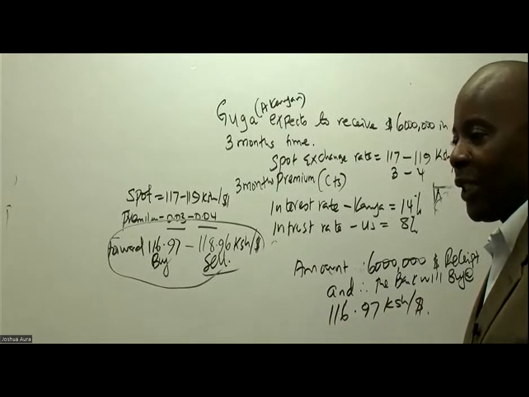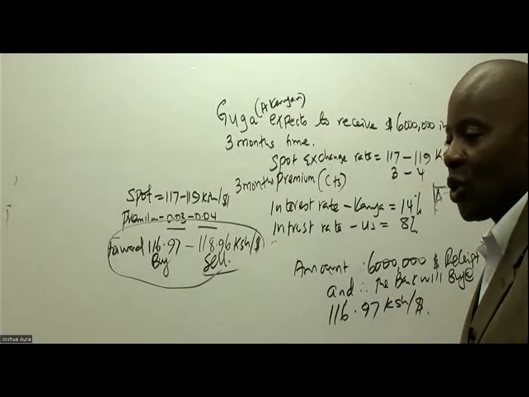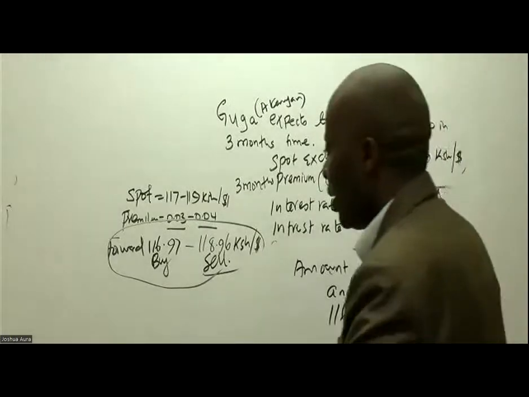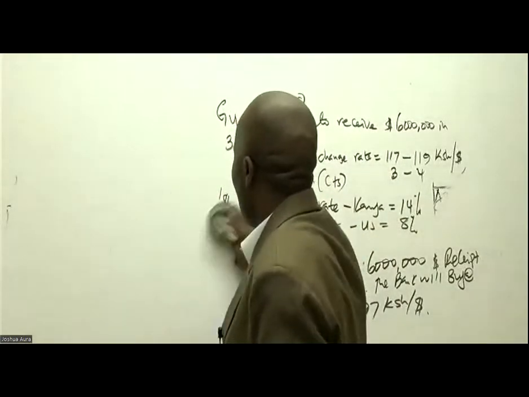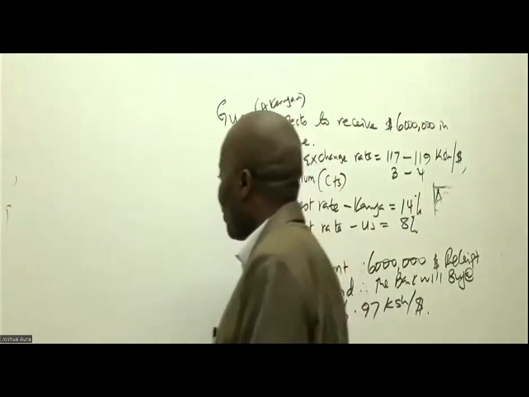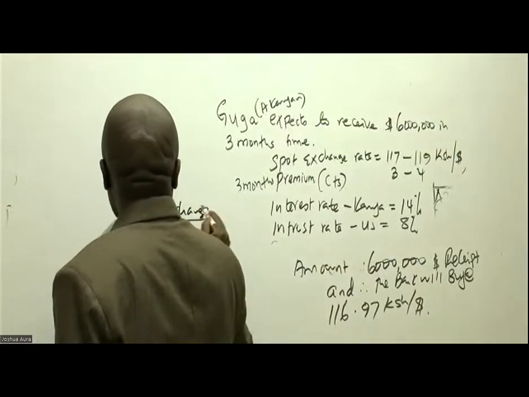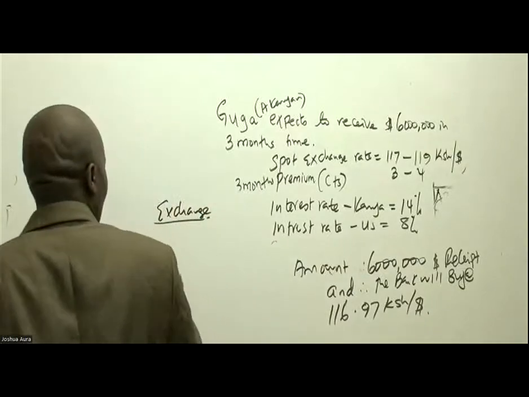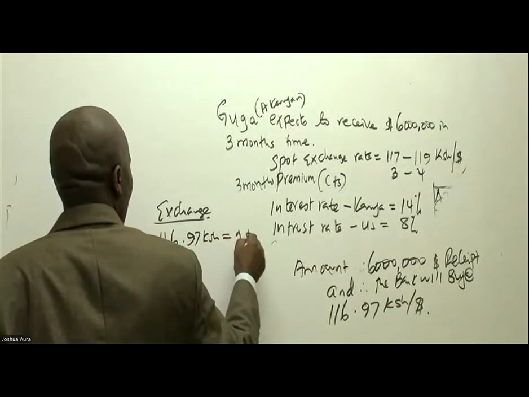After this, I know at the end of the day what is to come is to do the exchange. So go ahead and do the exchange. What do we have? We have 116.97 Kenya shillings equals $1.